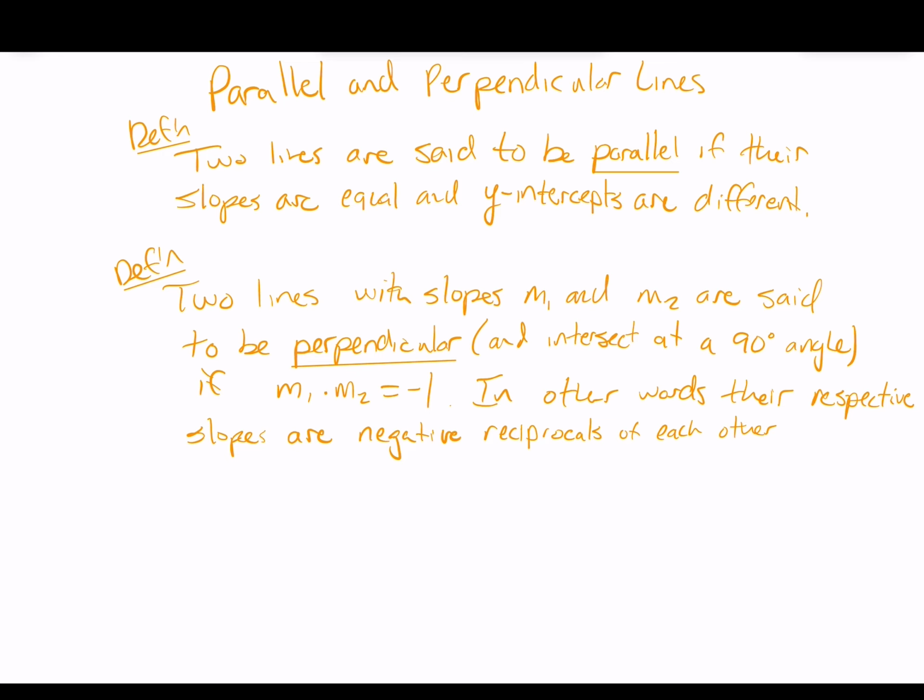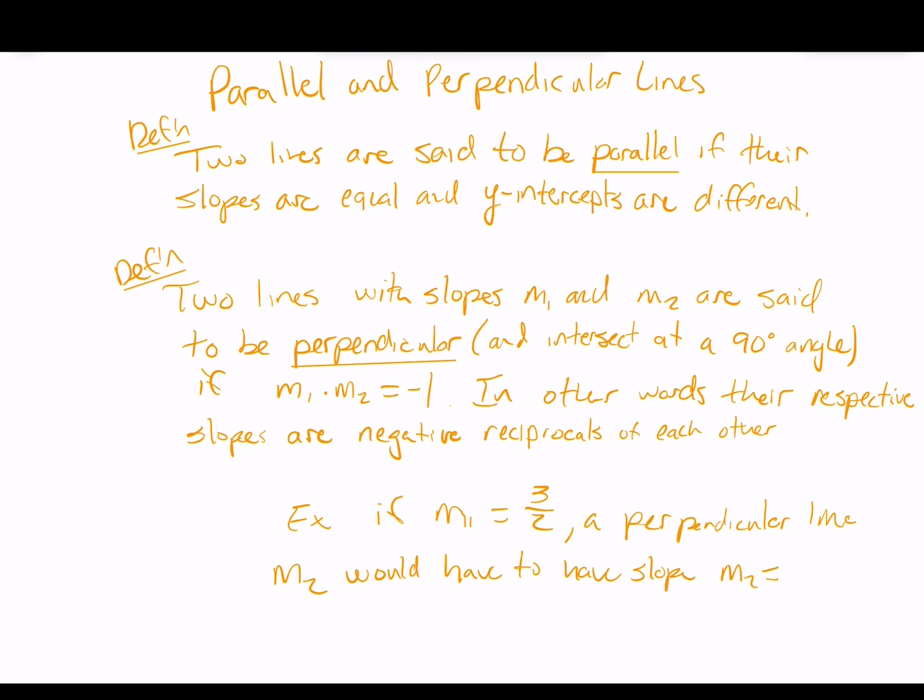So just simply, for example, if m1 is equal to 3/2, a perpendicular line m2 would have to have slope m2 equals -2/3.